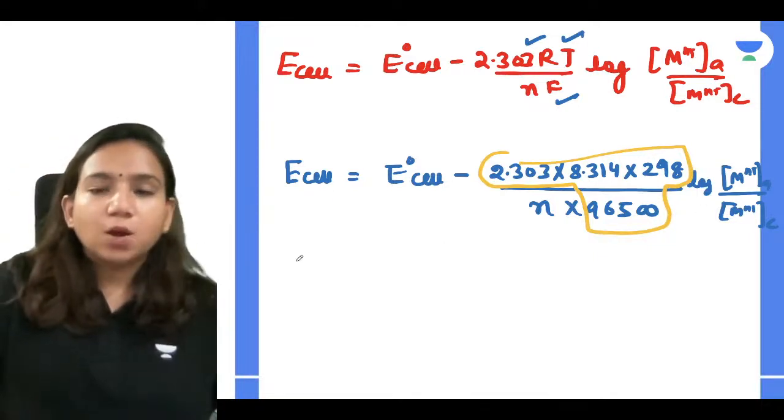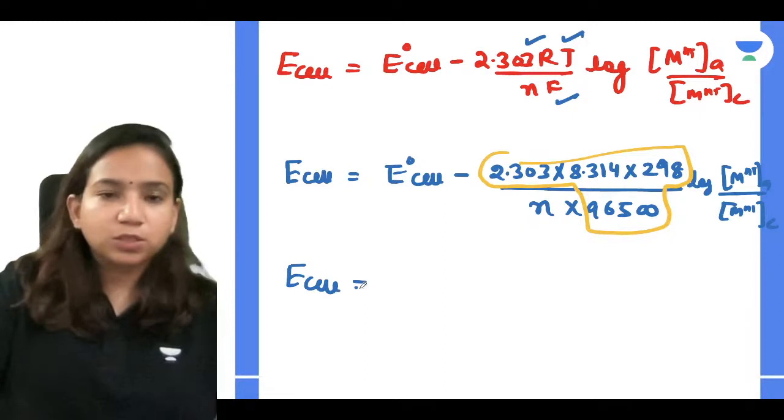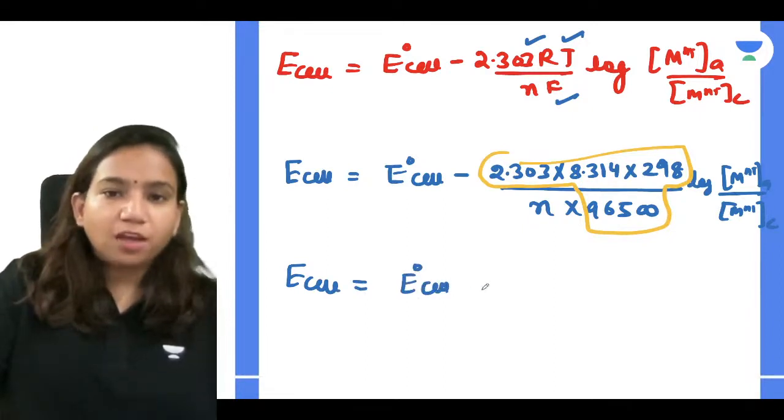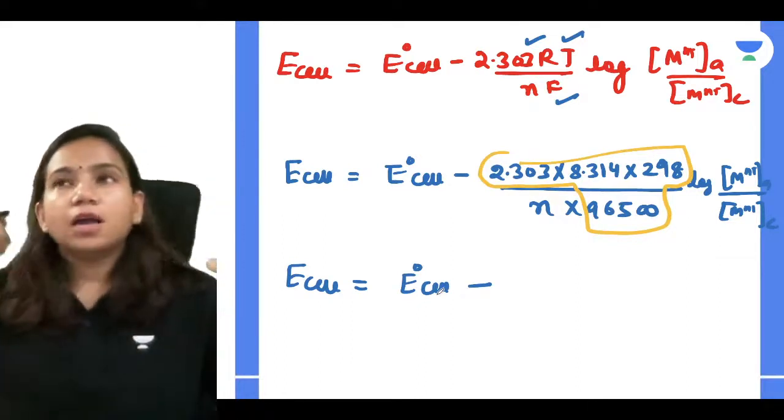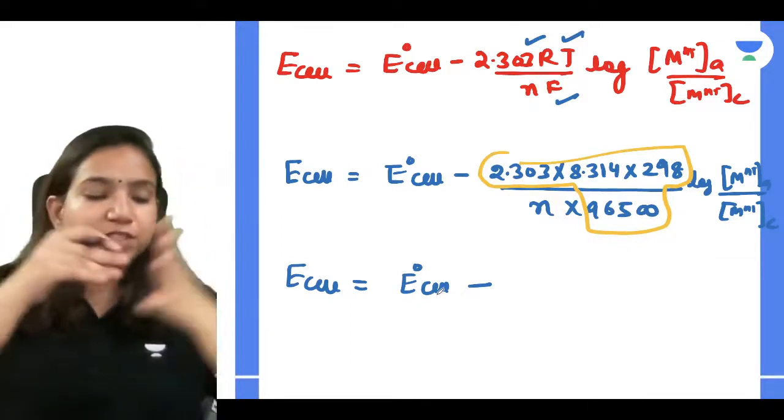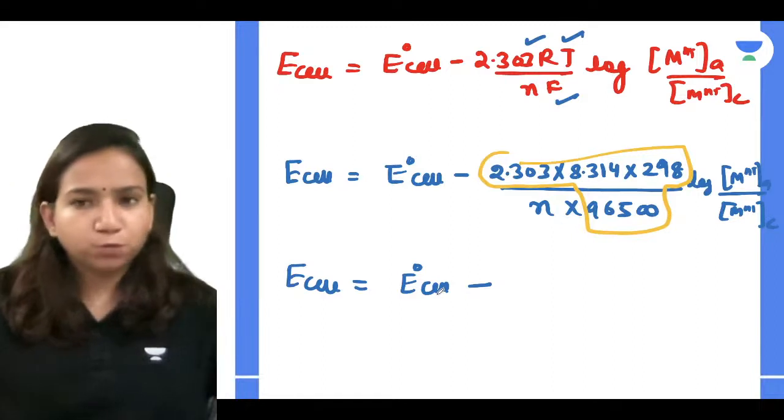So this is there. Now what you can relate, E cell is equal to E naught cell. If we solve it, obviously in the exam you won't be solving again and again if it's a fixed value, because you just have to put it in and solve it.